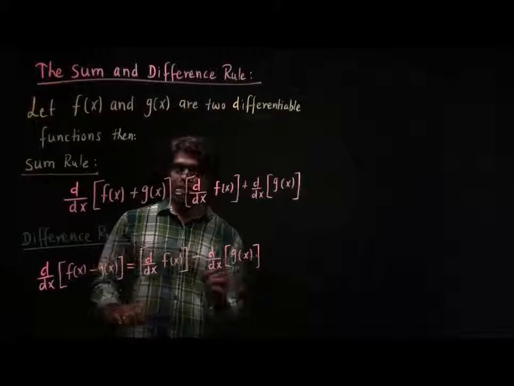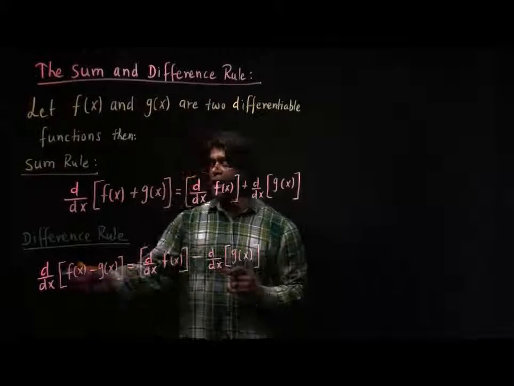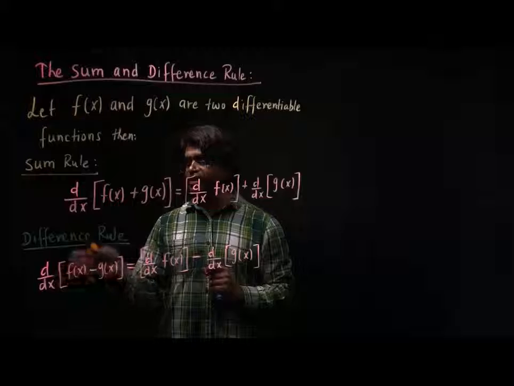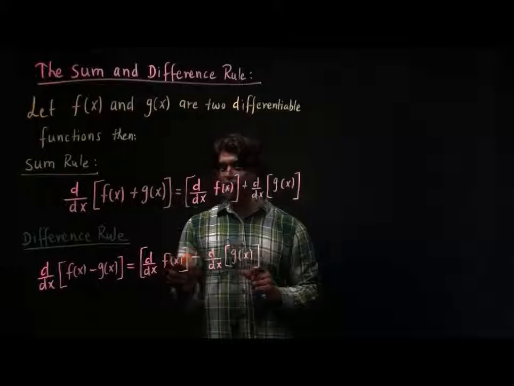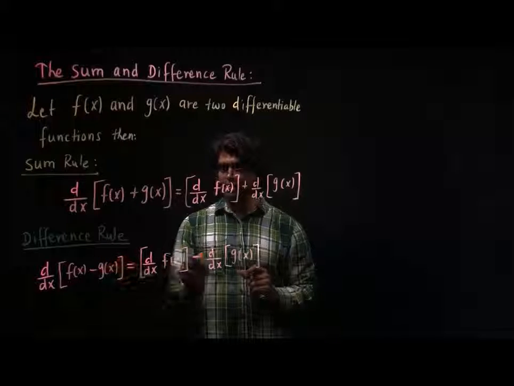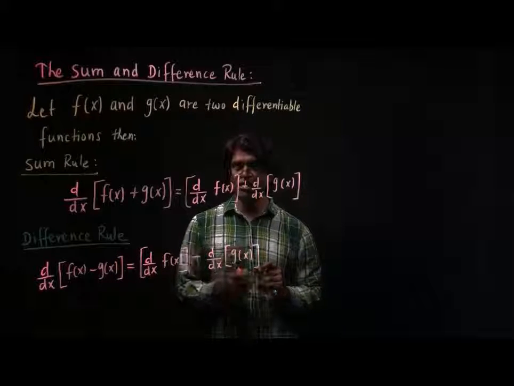So basically I am distributing d by dx inside the bracket, and when I differentiate, I will write d by dx of f(x), this minus sign, d by dx of g(x).